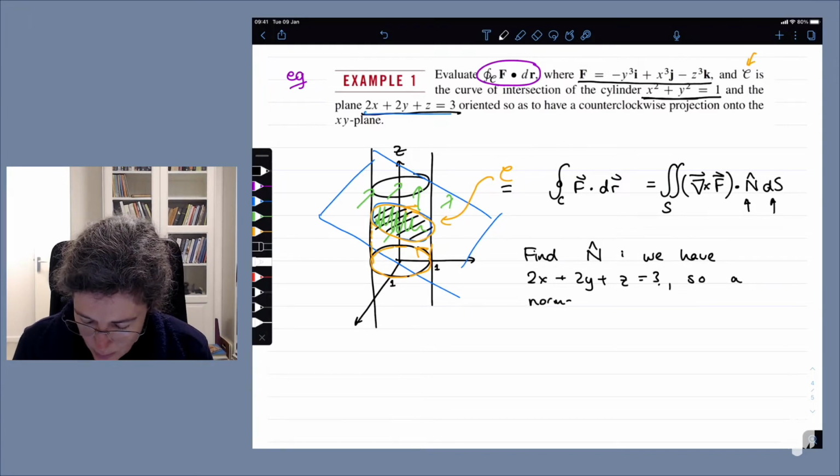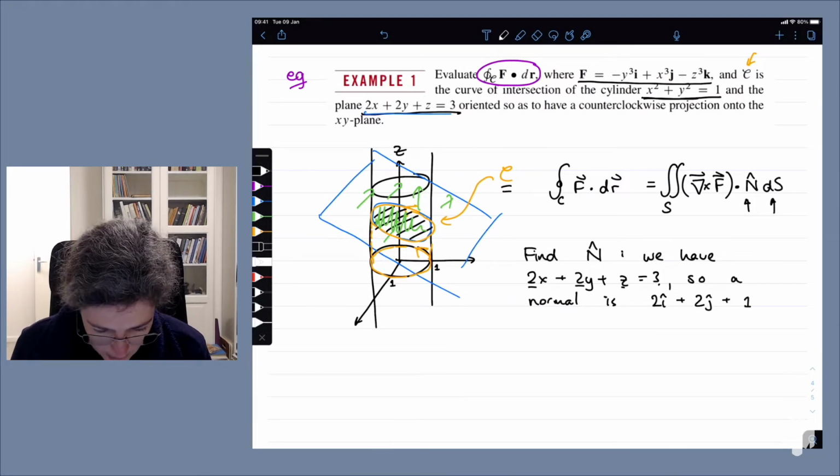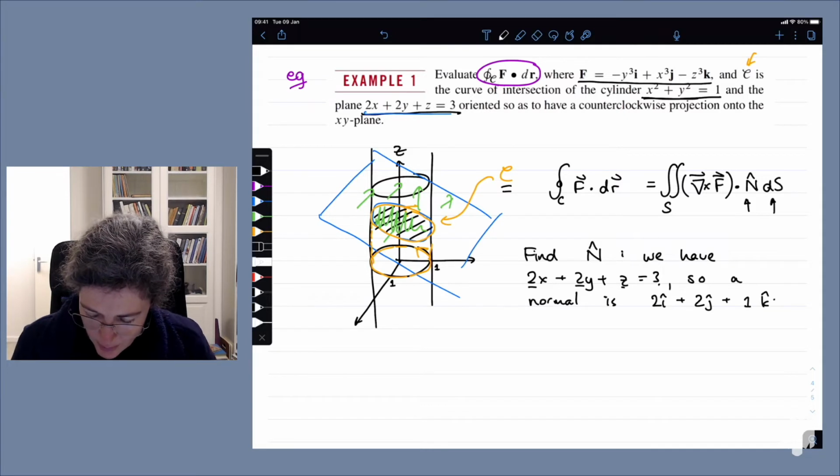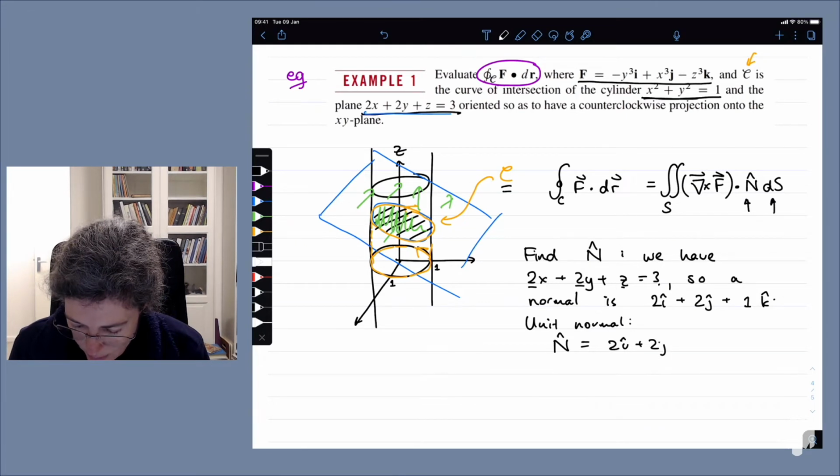So a normal is, we read off 2 in the i direction plus 2 in the j direction plus 1 in the k direction. So our unit normal will be this thing that we just found, but we need to normalize it by its length.